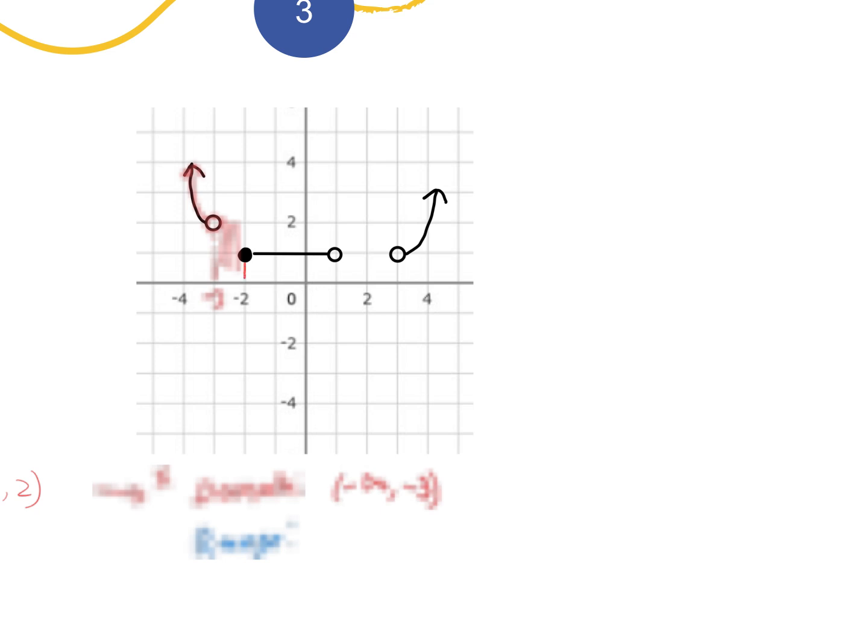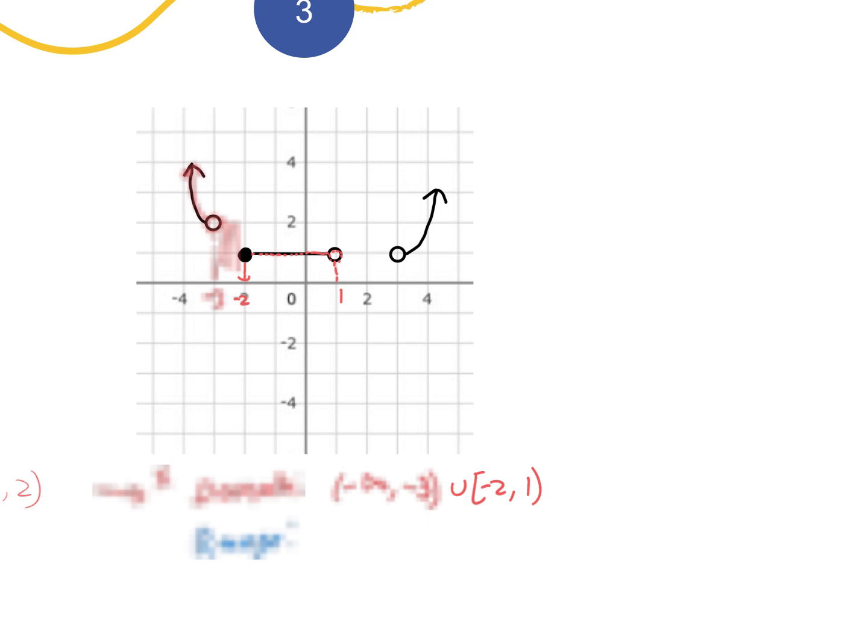So there's a closed circle right there at -2. So I'm going to write a union, bracket -2. And then this little piece of it, we're still touching our function, and we stop touching our function right here at this open circle. This open circle is at an x value of 1. So parentheses 1.